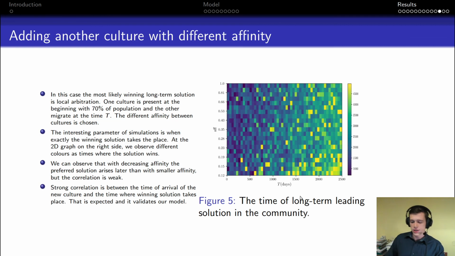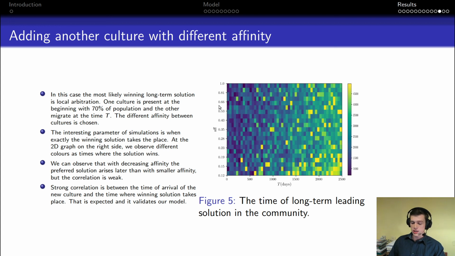We were interested when the long-term solution will be found by the community if we add another small culture to this community, but with different affinity. On the x-axis we can see the day when the community was merged.